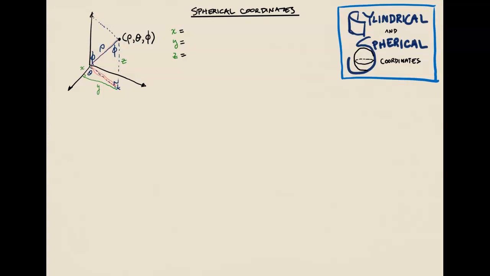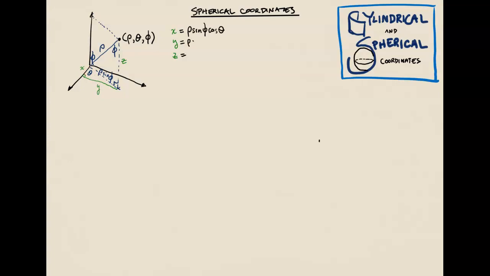The leg of this upright triangle is, thanks to SOHCAHTOA, rho times sine of phi, because the hypotenuse is rho and it's opposite the angle phi. But then that tells us what x is. It's the hypotenuse of that triangle times the cosine of theta. So x is rho sine phi cosine theta.